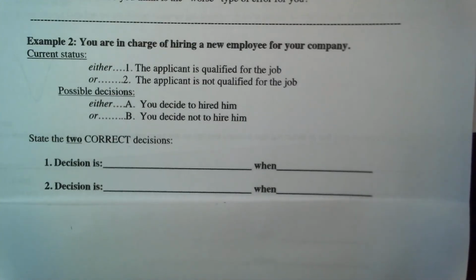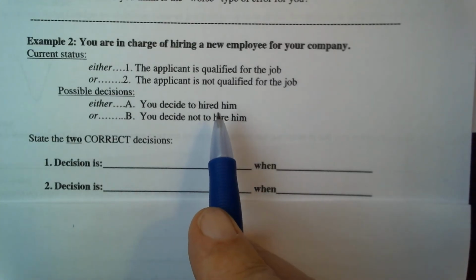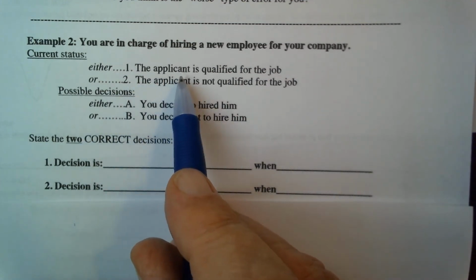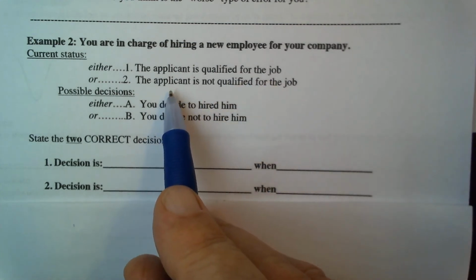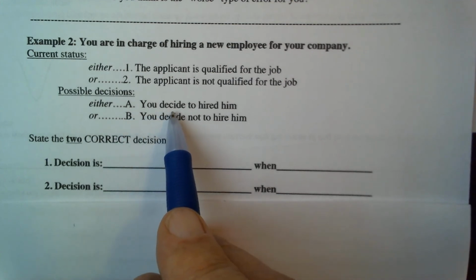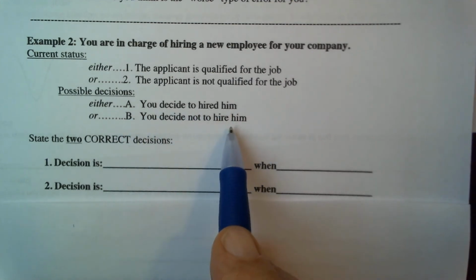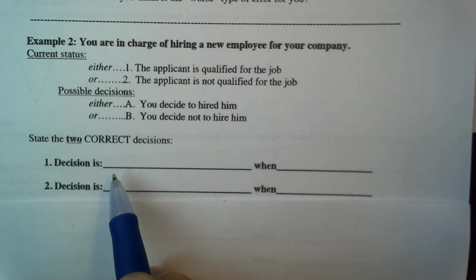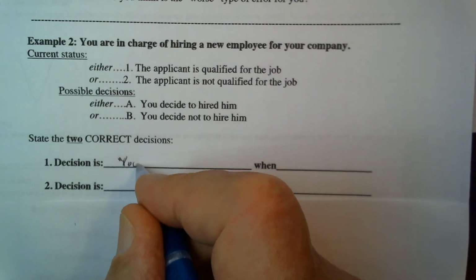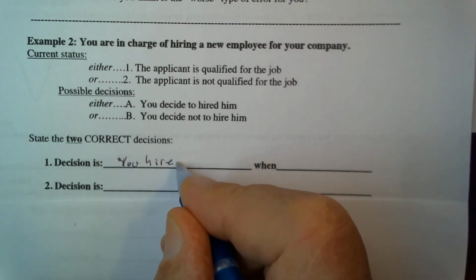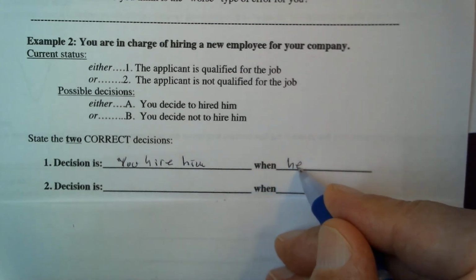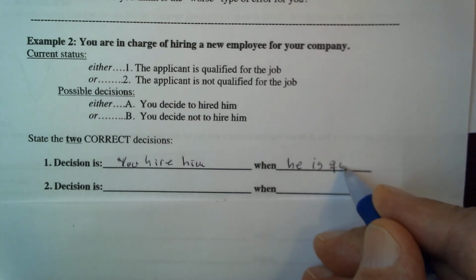Here's a similar example. Suppose you're in charge of hiring a new employee for your company. The current status is the applicant is either qualified for the job or not qualified for the job. There are 2 possible decisions: you decide to hire him or you decide not to hire him. So the 2 correct decisions would be you hire him and he is qualified.